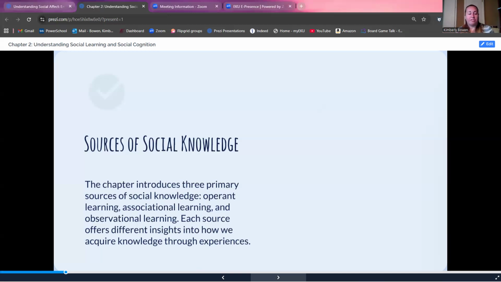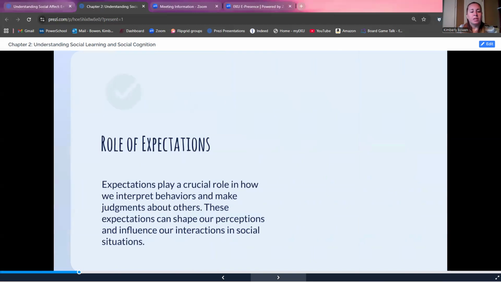You're going to have things like laws in society that do the same thing. All of these are preparing you for how to interact socially within your dynamic. And each one of these becomes more of a source of social knowledge, I guess. We could just go with that, but there's another word for it. It'll come to me later.